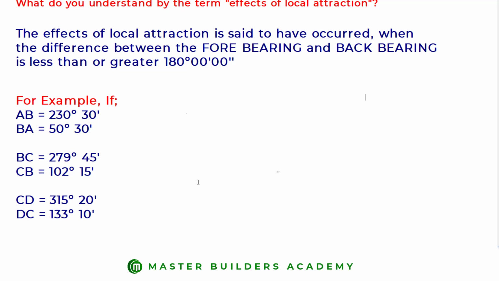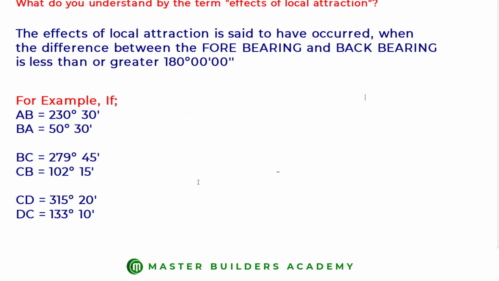Are you understanding this? So if A to B is 230 degrees and 30 minutes, then B to A is 50 degrees, 30 minutes. For us to ascertain whether there is effect of local attraction, what we will do is to find the difference between these two values. Are you with me? That's all. Our outcome here will tell us whether there is effect of local attraction or no effect of local attraction.